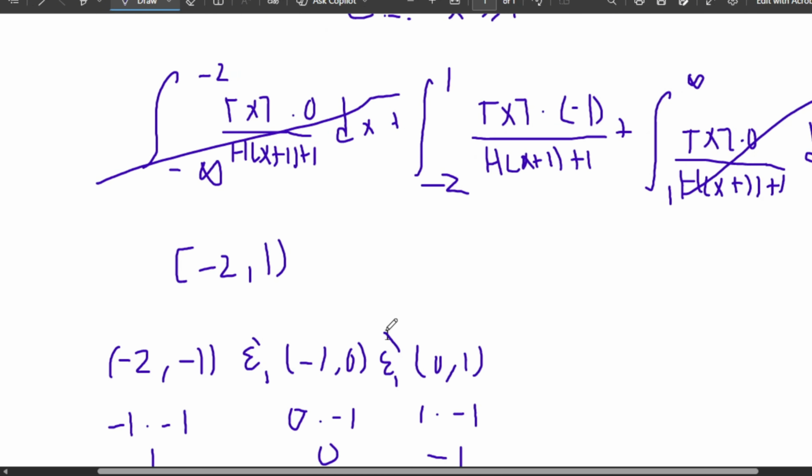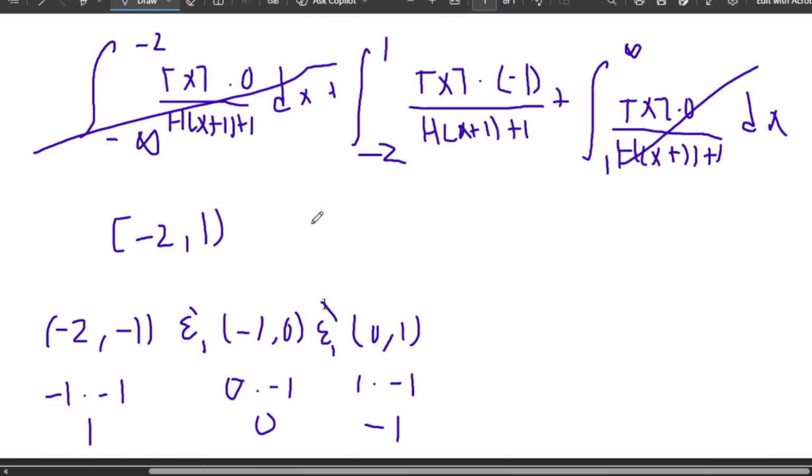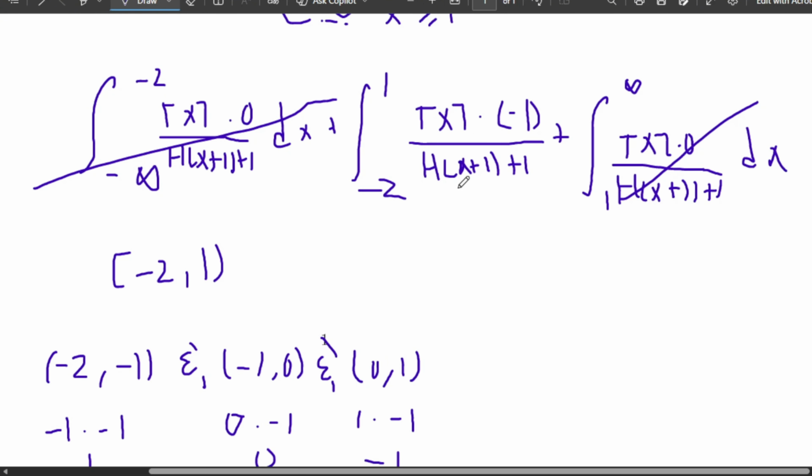So our numerator will be 1 if it's between negative 2 and negative 1, 0 if it's between negative 1 and 0, and negative 1 if it's between 0 and 1. Anywhere else, it's 0.